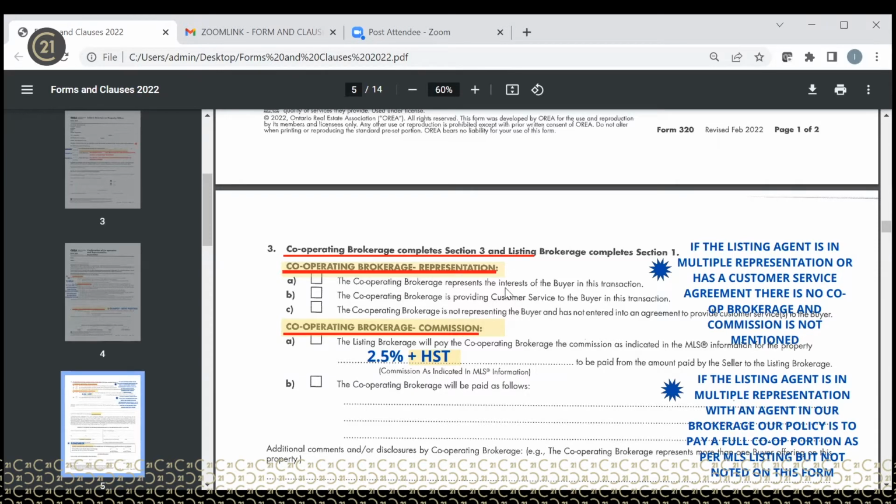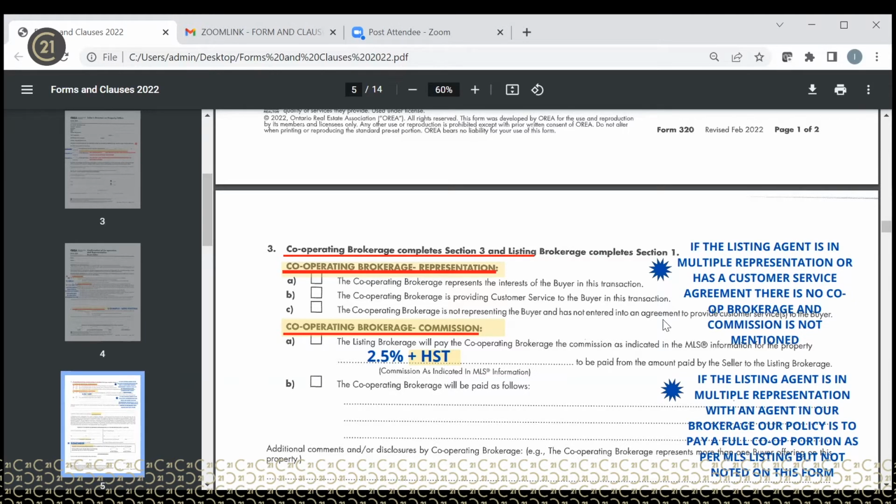You're either representing the buyer in the transaction, or perhaps providing customer service to the buyer and it's not your listing, or the cooperating brokerage is not representing the buyer and has not entered into an agreement to provide customer service, but you are preparing the offer and bringing it to the seller.